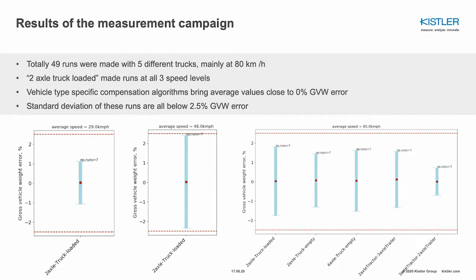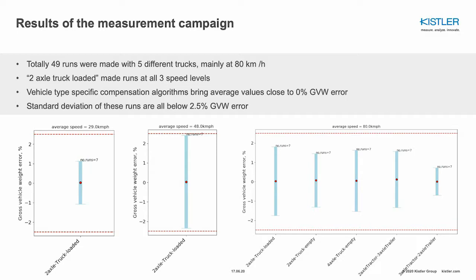Then we have 3 other different trucks which each made 7 runs. Also for these additional trucks we see very good average values, very close to 0%, and this is a great proof that our compensation algorithm for vehicle types works perfectly well, and we get standard deviations between 1 and 2%, whereas the very last truck really showed great performance, significantly below 1% gross vehicle weight error.